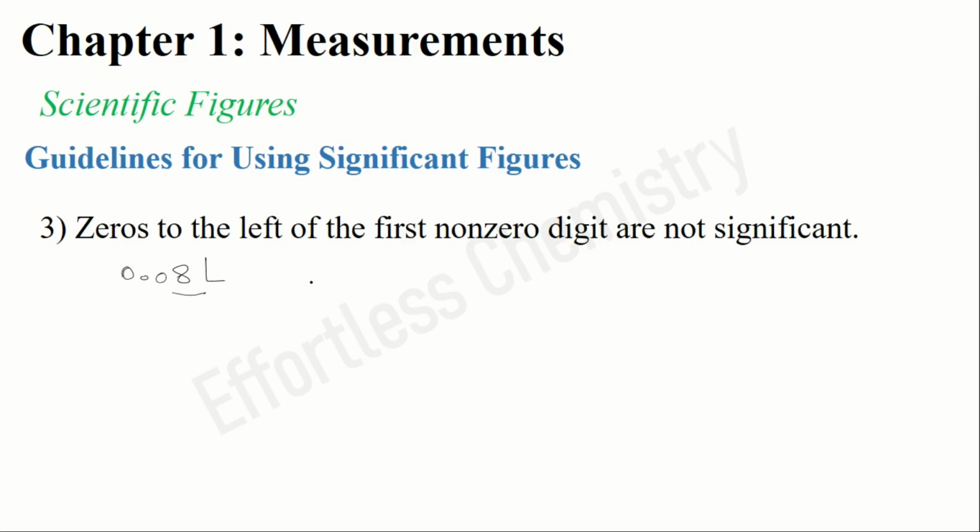Or for example, this number, 0.0000349 grams. It contains 3 significant figures, so we don't count the zeros before the non-zero digits.